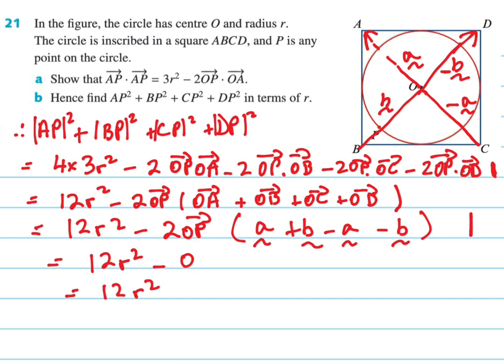So that OA I'm just calling A, and OB I'm calling, would you believe, B, and OC can be regarded as negative A and OD is negative B. In that way, factorising one thing or another, I get 12R squared minus 2 OP dot this sum here, which equals 0, allows me to conclude that AP squared plus BP squared plus CP squared plus DP squared is equal to 12R squared. Thank you, that is all.